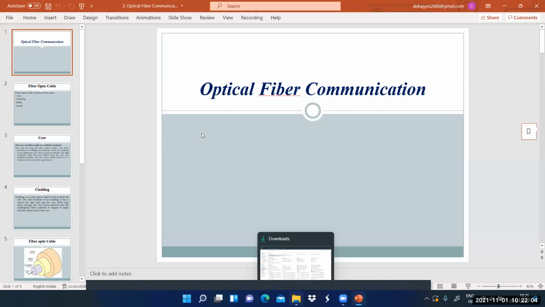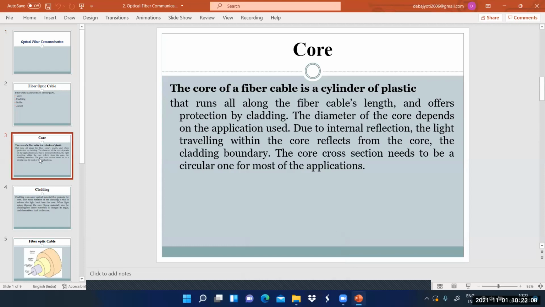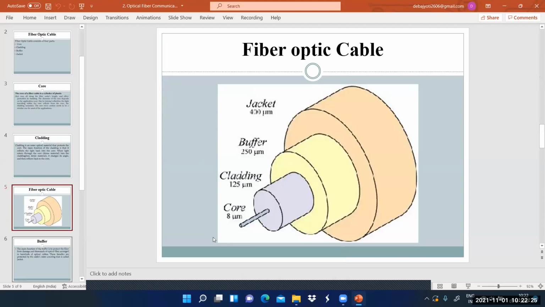Sorry for the disturbances. Okay, so what is the core? The core of a fiber optic cable is a cylinder of plastic that runs all along the fiber cable's length and is protected by the cladding. So here you can see the shape of the core is cylindrical.